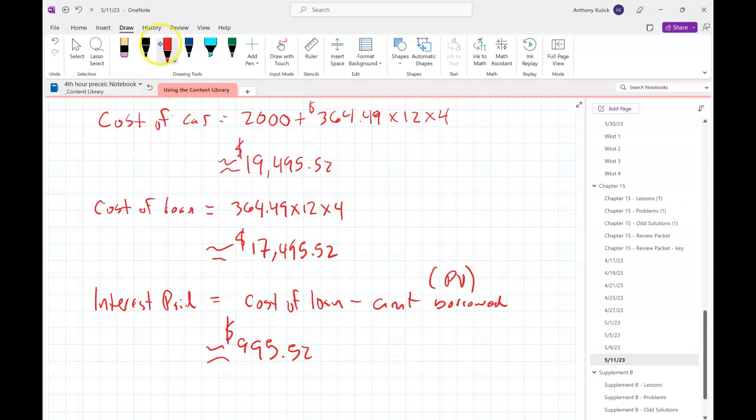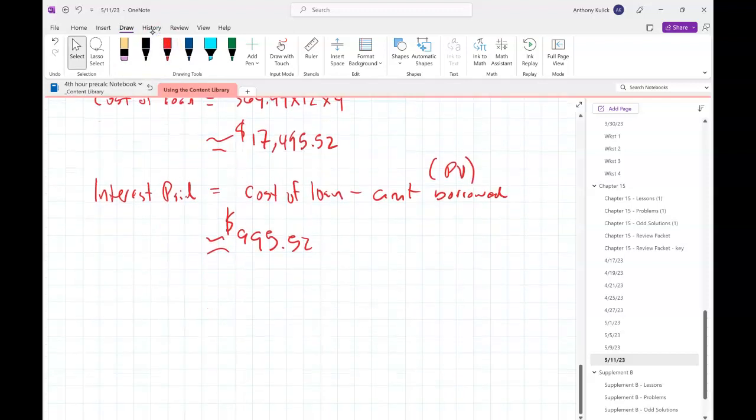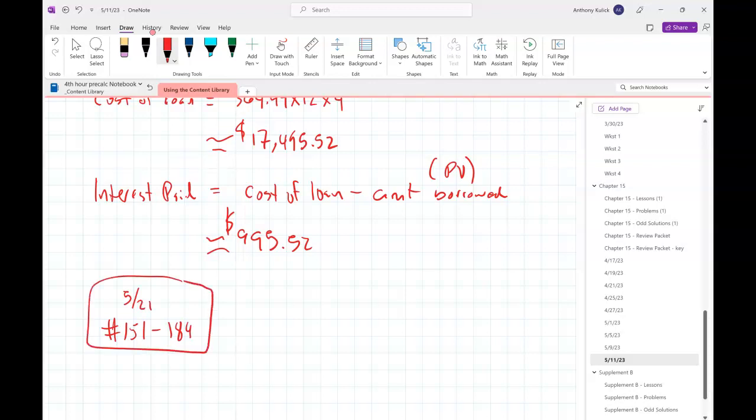At this point, though, we have finished Chapter 15. So the new homeworks you should be able to do are 151 to 184. That's going to be due not this Sunday, but the following Sunday. Well, we might as well say the review. We'll work on the review on Monday. That'll be our review day.